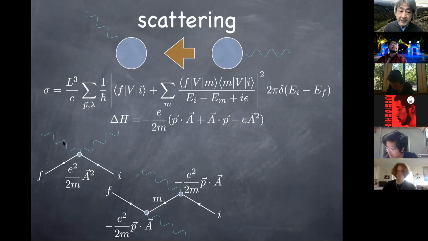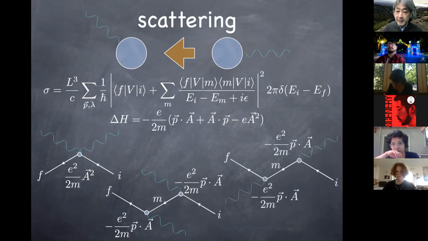So the end result is the same as the first term, namely that you have the initial state electron and a photon, and then you have the final state with electron and photon. So that's yet another contribution to the scattering process. And finally, I'm sure you noticed this already, I can reverse the order between the use of the two interaction Hamiltonians. So instead of creating the photon first, I can instead annihilate the photon first.